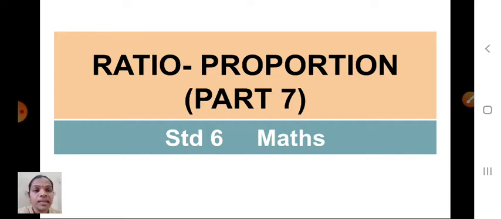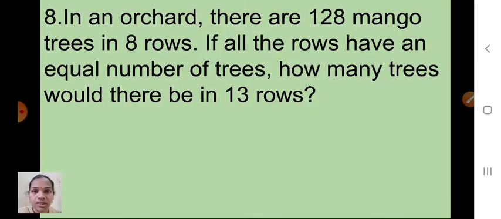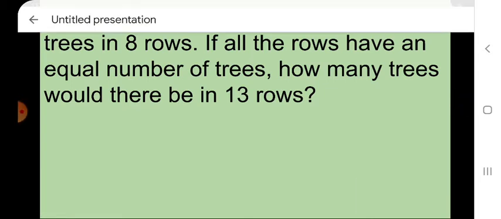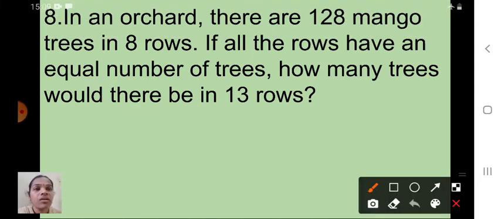Are you ready? See here, children, the second last question, that is the 8th question: in an orchard there are 128 mango trees in 8 rows.